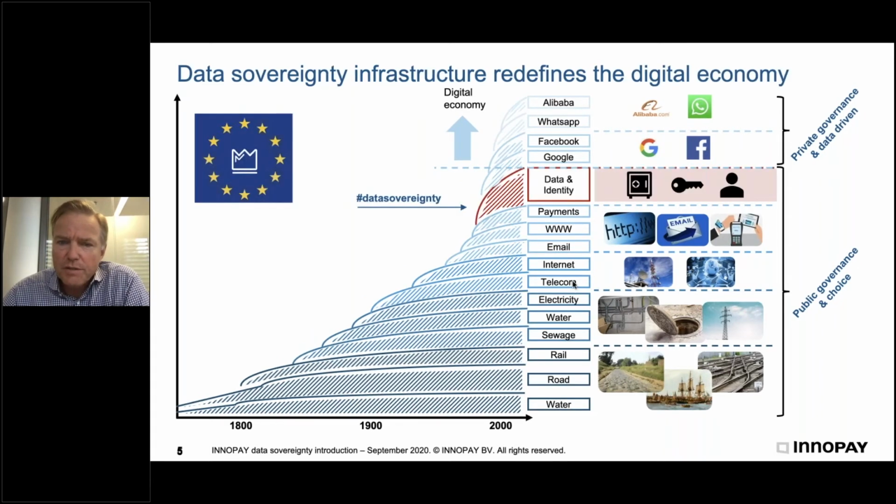But in the digital economy, the governance is very much private, and the infrastructure is built upon collecting data and reusing that data and creating a position of power, and of course business success, because it's a tremendous business success. And to be fair, these services also have given us a lot of productivity and really great services. The fact that we can have this webinar today is also a result of this.